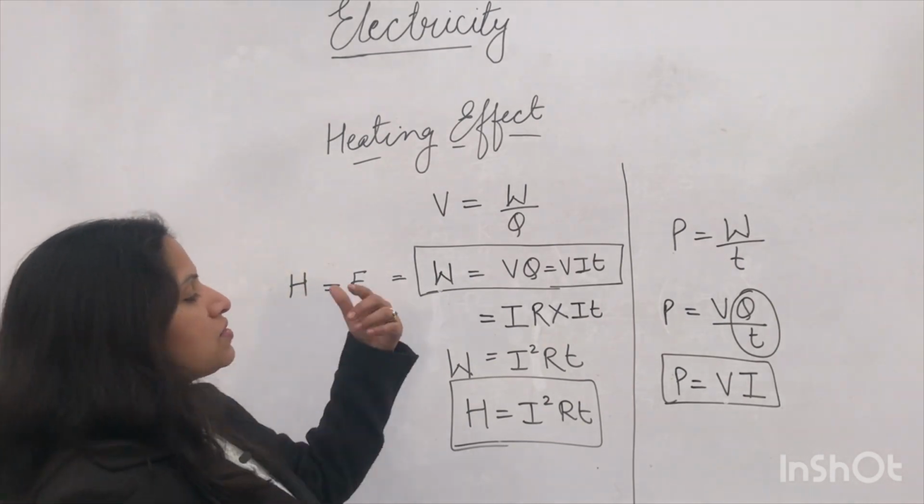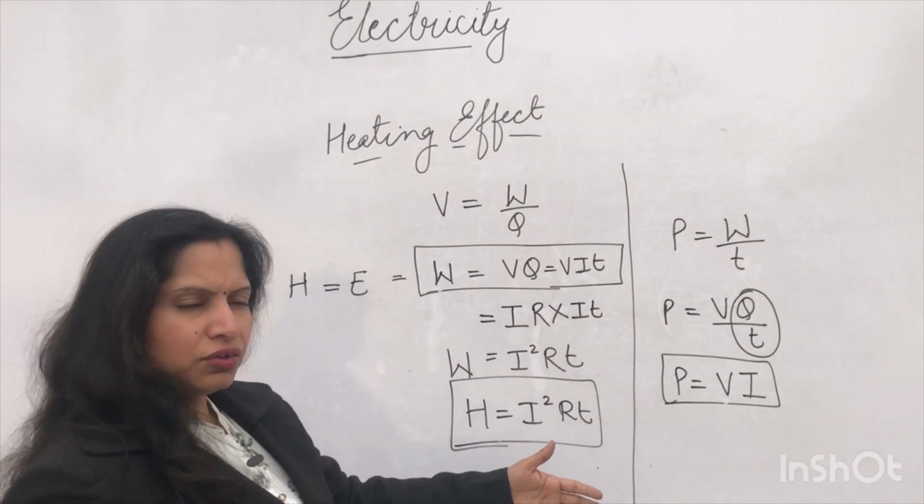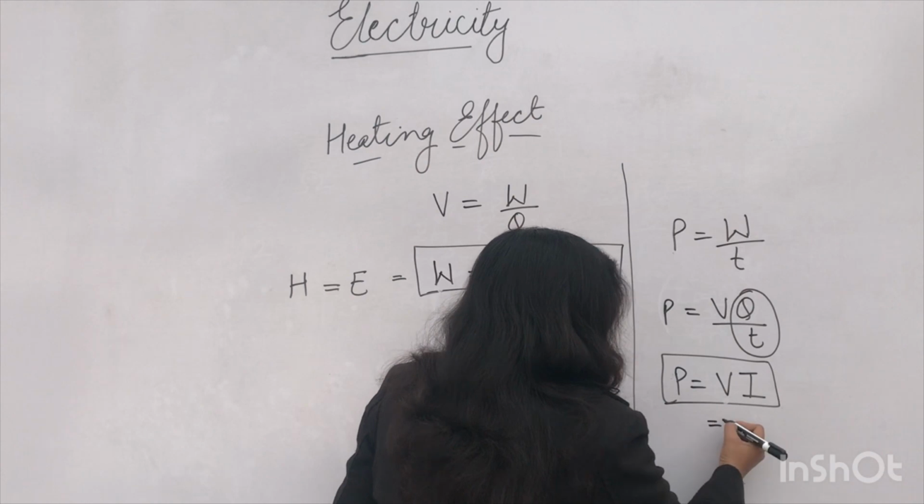Now, instead of VI, we can use other formulas also. For example, V is equal to IR.